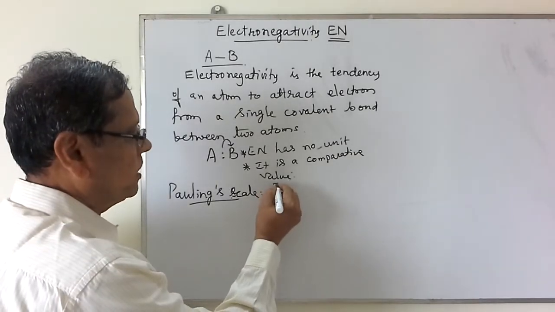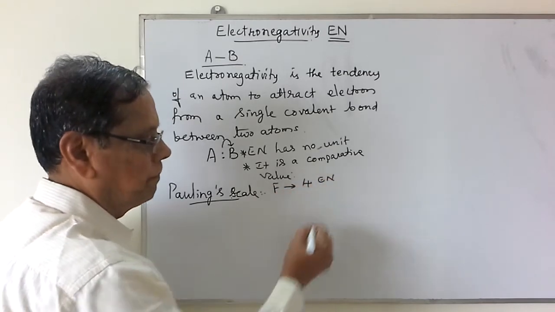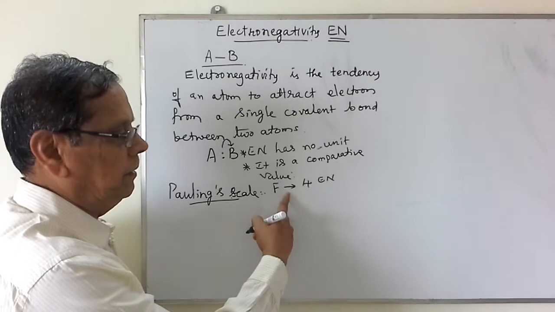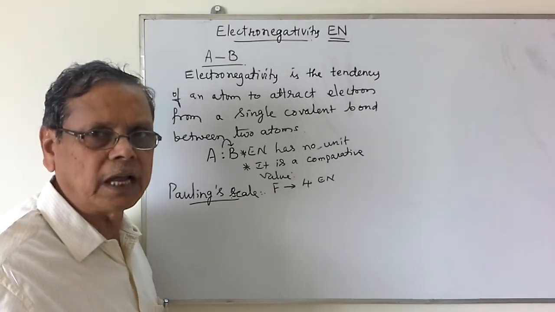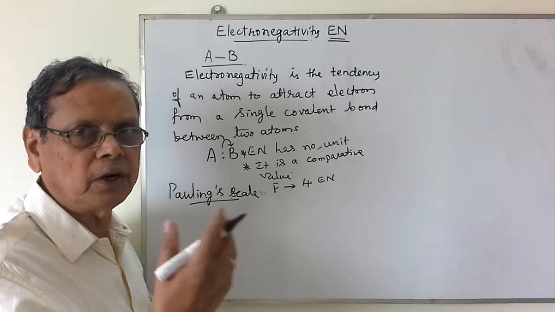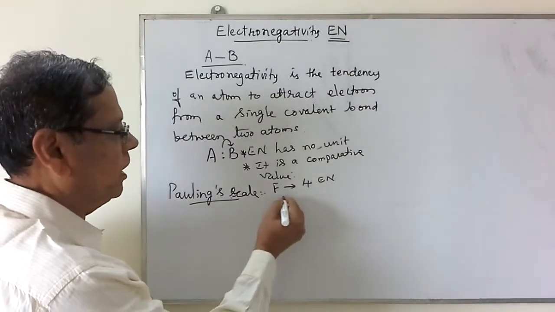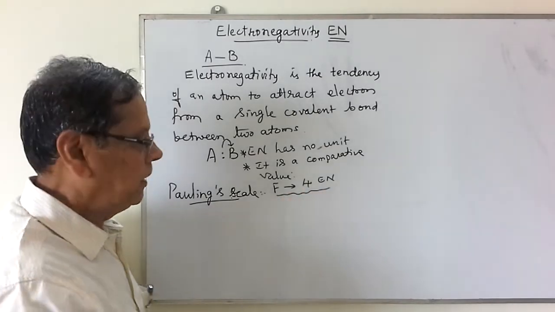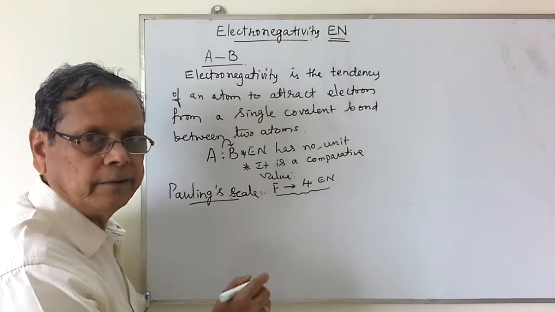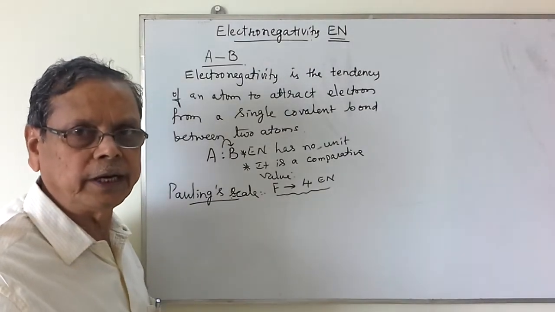So fluorine is given the value of 4. Comparing to that one, we measure the electronegativities of the different elements. There is an equation to calculate the electronegativities that is beyond the scope of this level. So fluorine has got the maximum electronegativity, considered as 4 units. Comparing to that one, the other elements have got different electronegativity values.